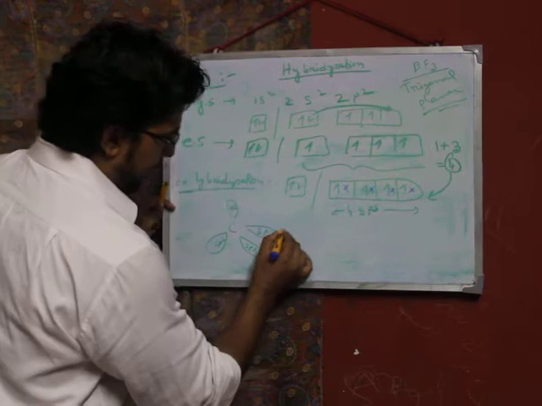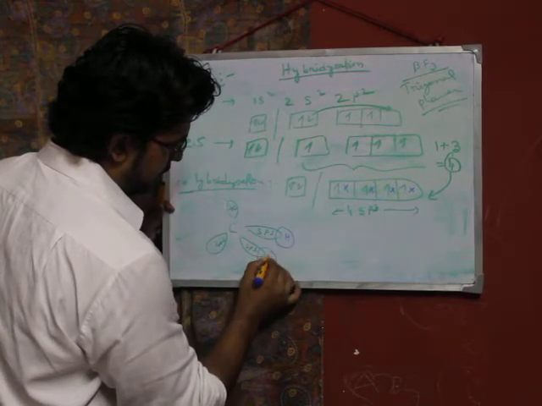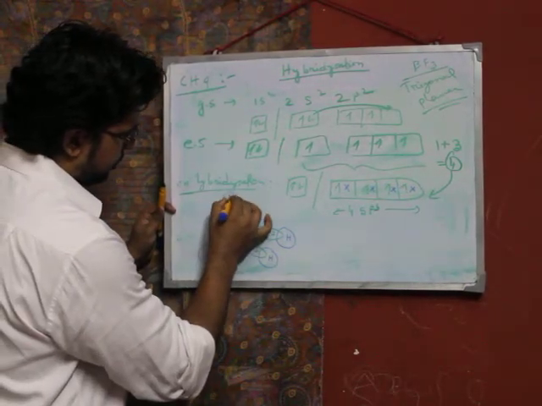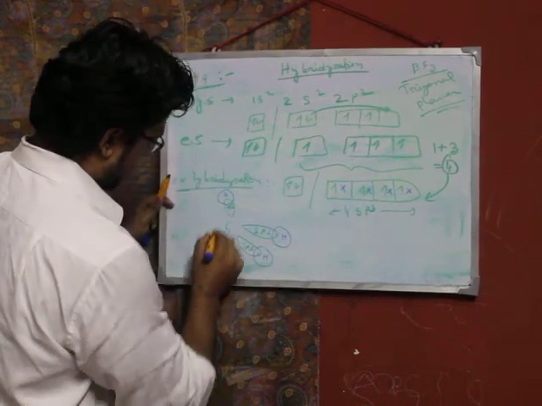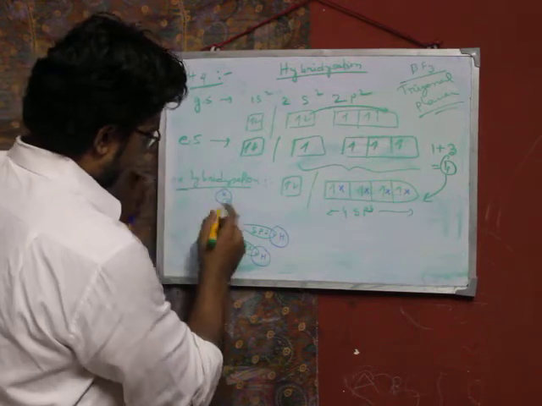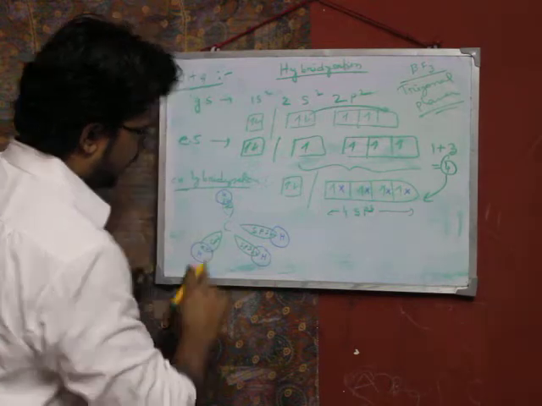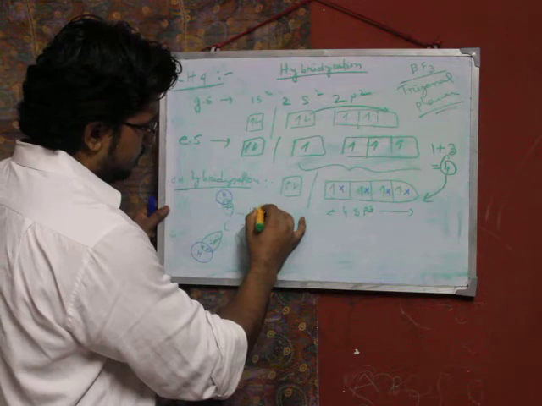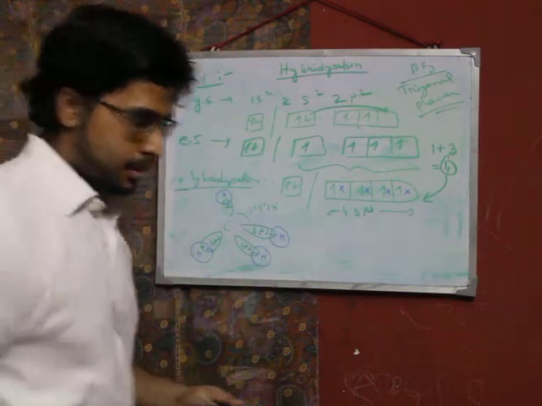These sp3 hybrid orbitals combine with the s orbital of hydrogen. One electron of hydrogen and one electron of carbon form the covalent bond. And this bond angle is 109 degrees 28 minutes.